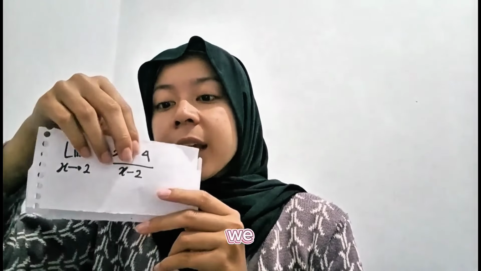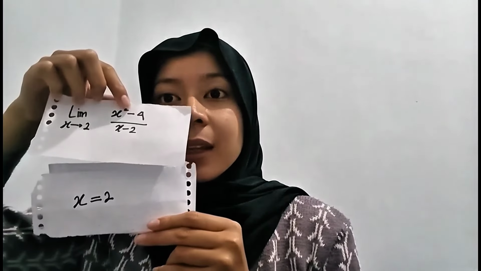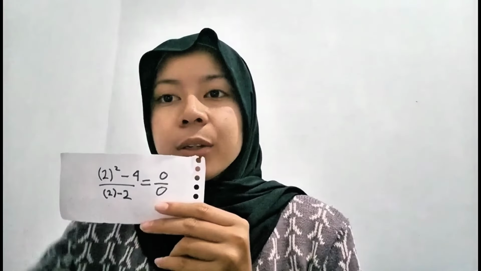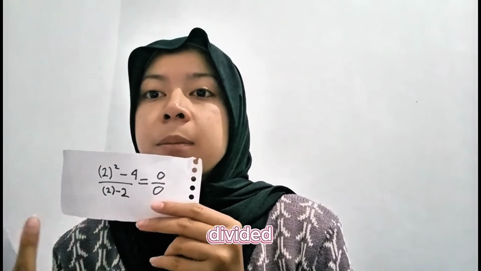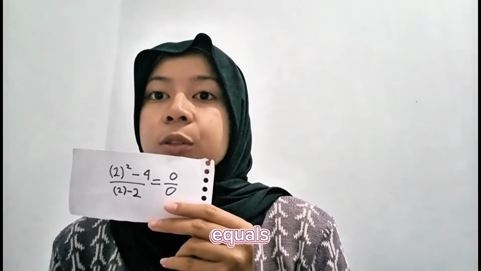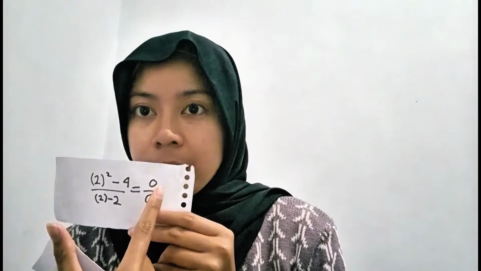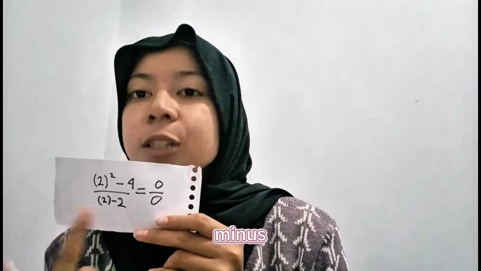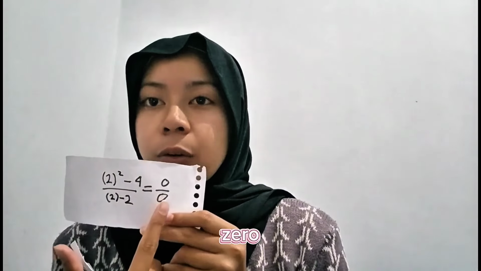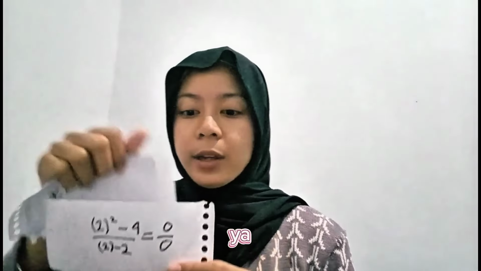If we substitute x equals 2 in the limit, we have 2 squared minus 4 divided by 2 minus 2. And we know 2 squared equals 4, and 4 minus 4 equals 0. And 2 minus 2 equals 0. And the final answer we have is 0 divided by 0.